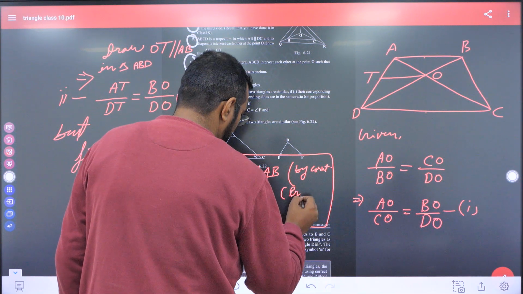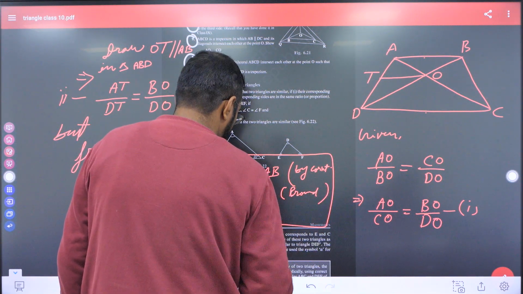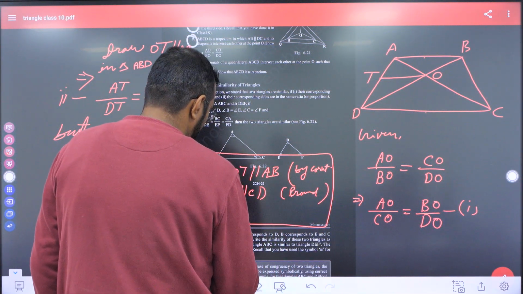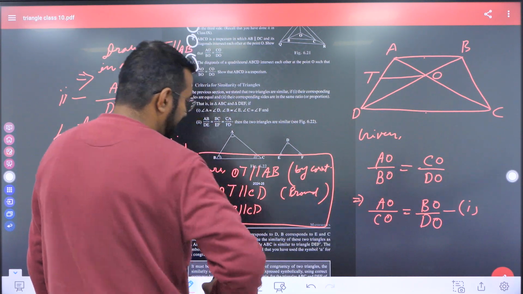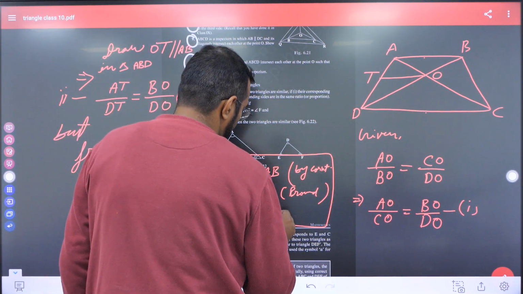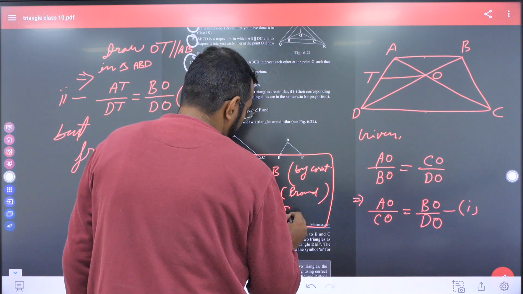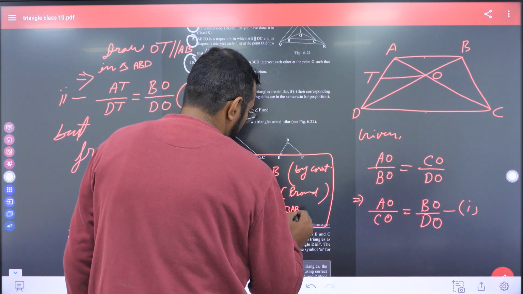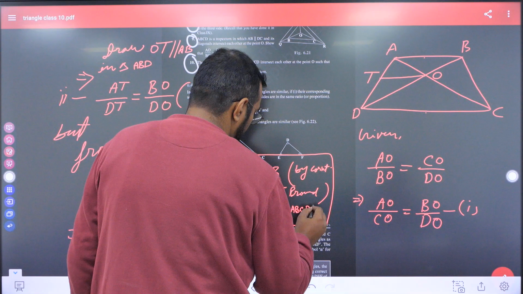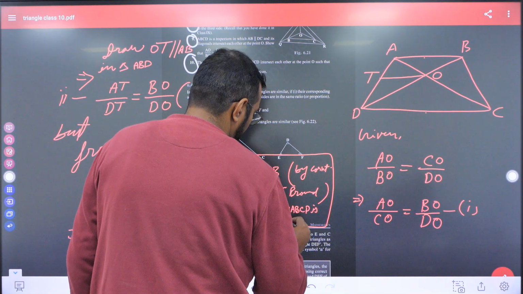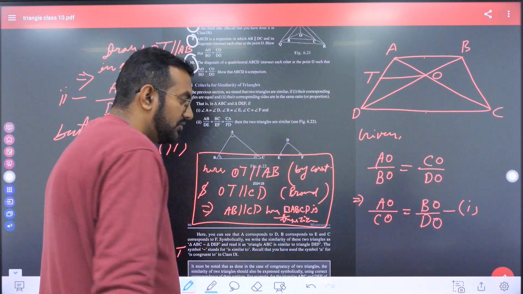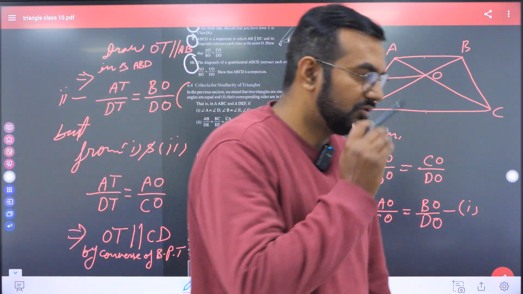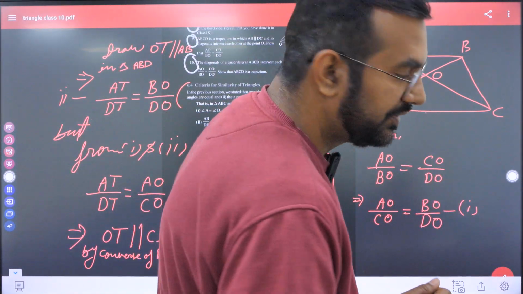Proved. So we can imply that AB is parallel to CD. Hence quadrilateral ABCD is a trapezium. If one pair of opposite sides is parallel, then it is a trapezium, right?